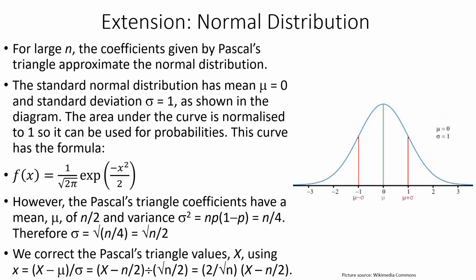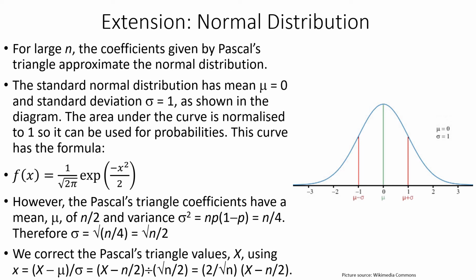And so actually what we're going to be able to do is we can take our values effectively from Pascal's triangle, and we can correct for them so that we end up producing the normal distribution as we can see on the screen. And the advantage of making this correction is that we can then look up the integrals, which are the probabilities.